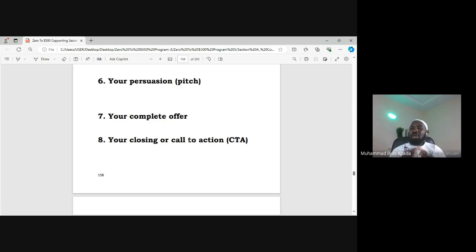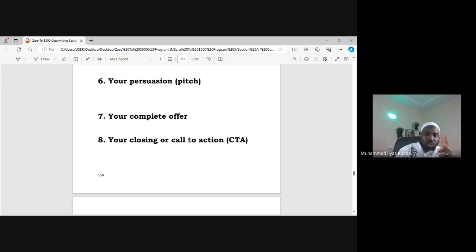For instance, you cannot put all these things in Facebook ad copy, Google ad copy, or website copy. But these things must be present in a landing page, a sales page, and a sales email.